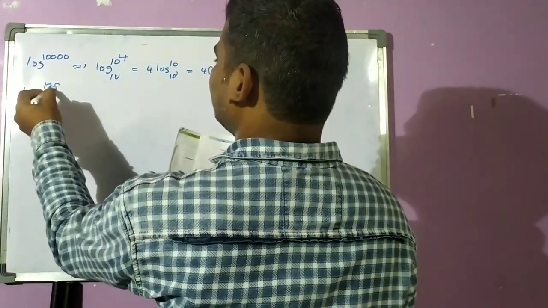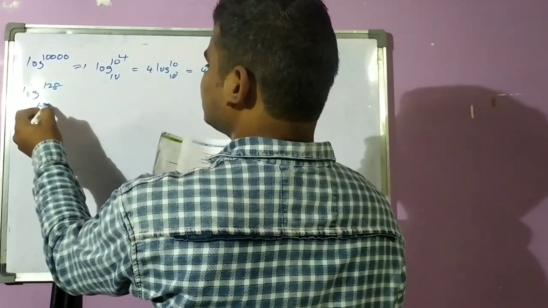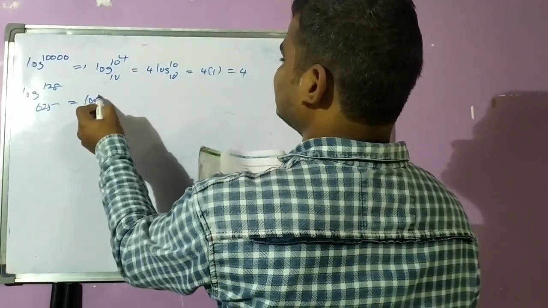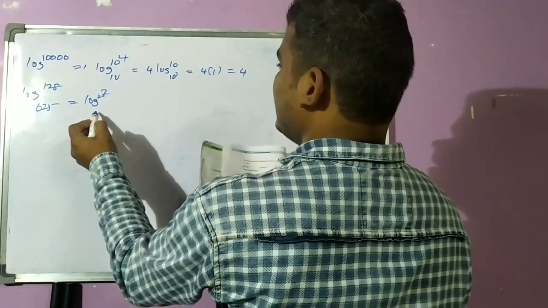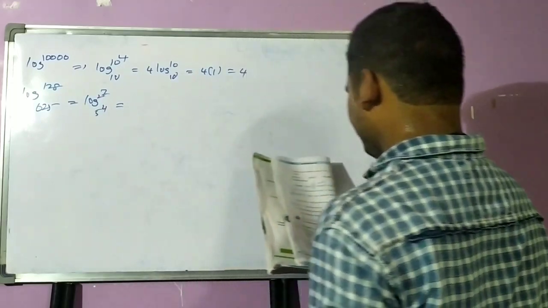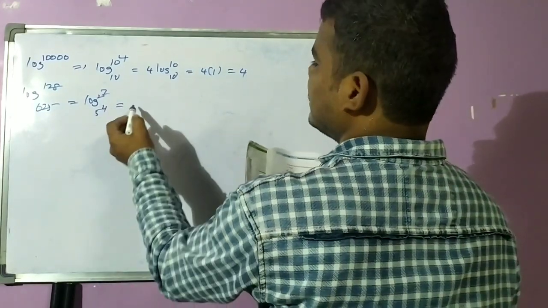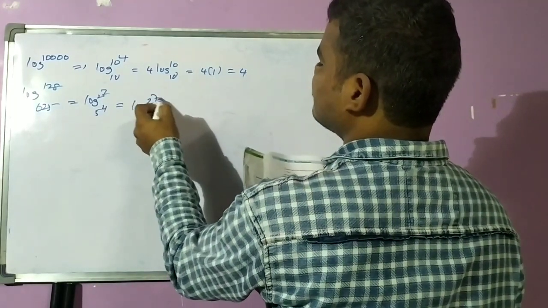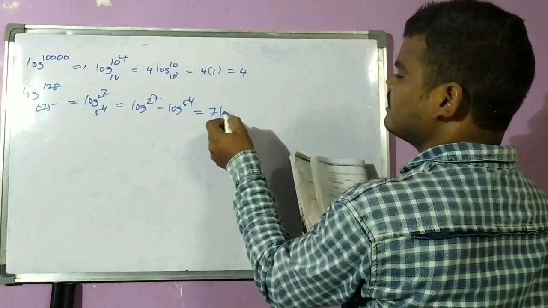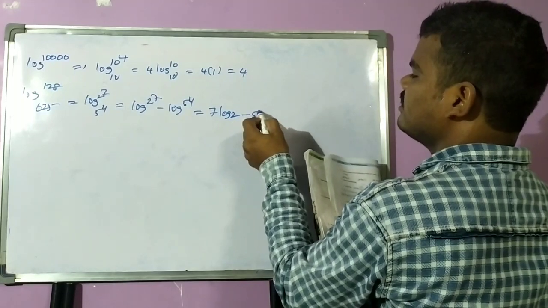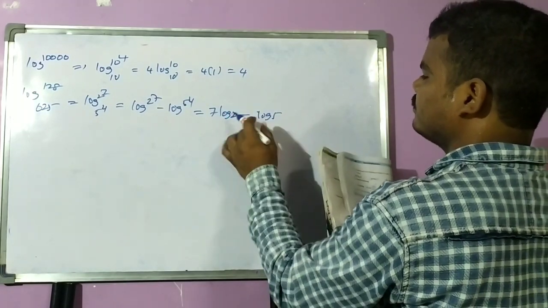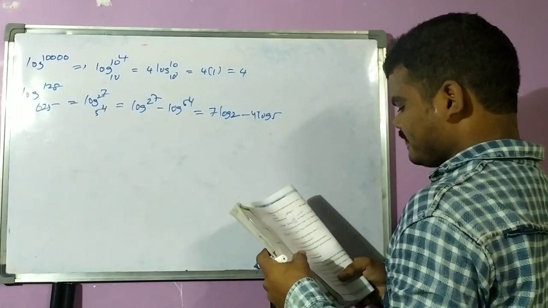Logarithm of 128 by 625. This can be written as logarithm of 2 power 7 by 5 power 4. This can be written as logarithm of 2 power 7 minus logarithm of 5 power 4. This is 7 log 2 minus 4 log 5.